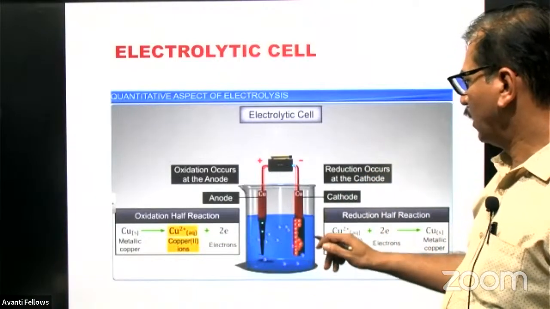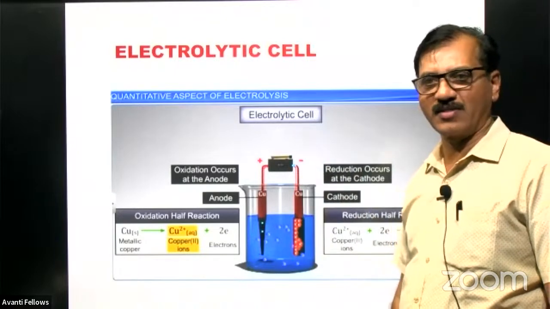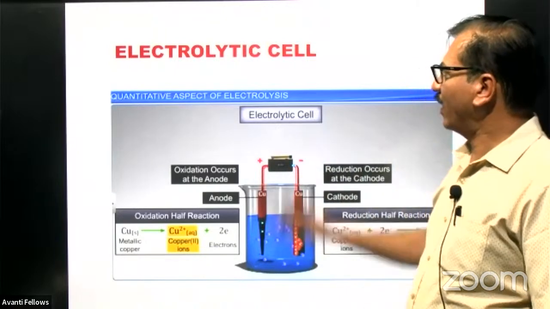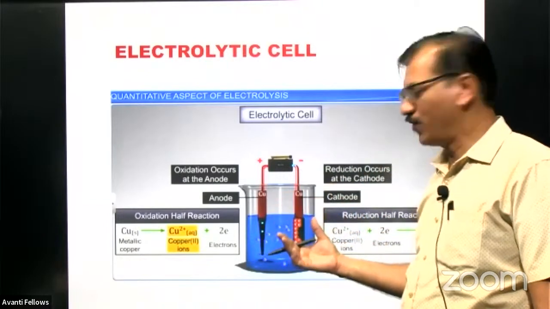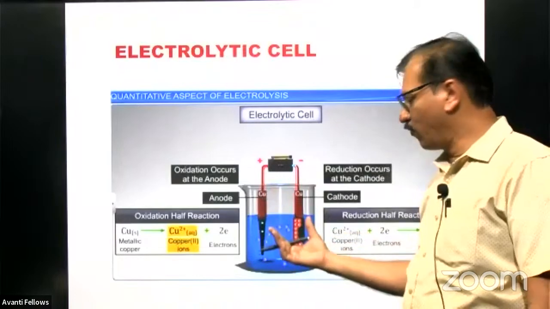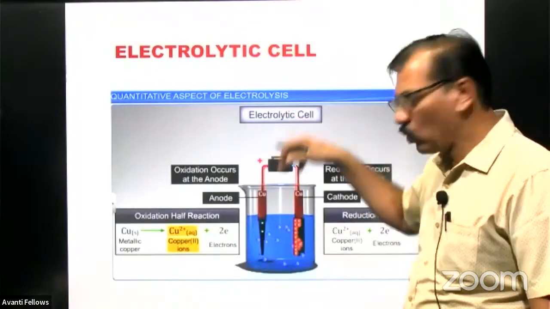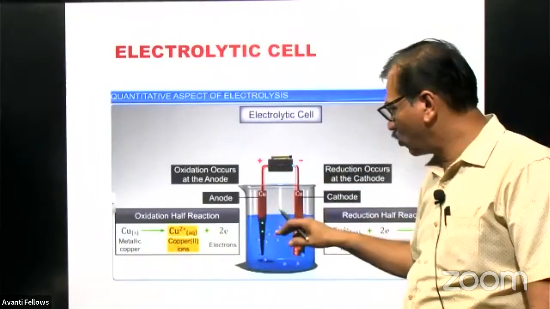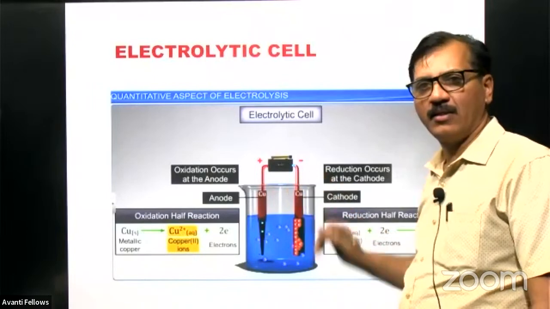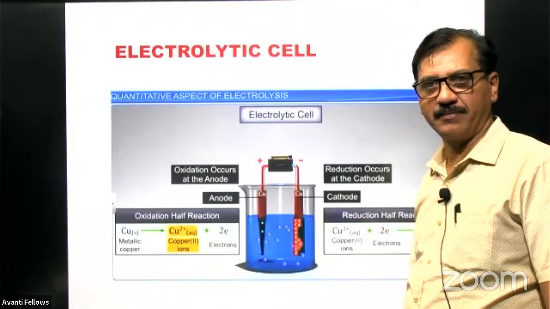Now, what is an electrolytic cell? An electrolytic cell is an arrangement in which only one electrolytic solution is taken and 2 electrodes are dipped into it, and these 2 electrodes are connected to a DC source, direct current.